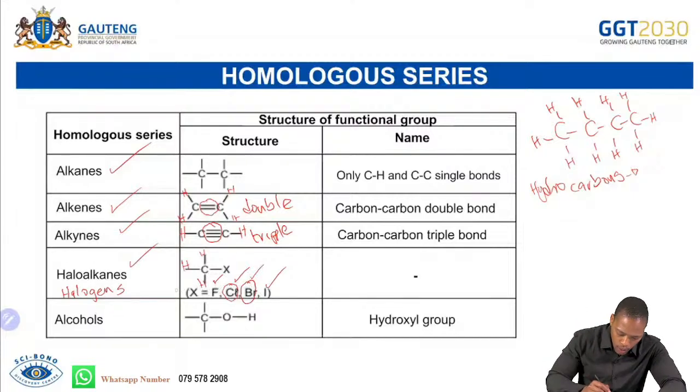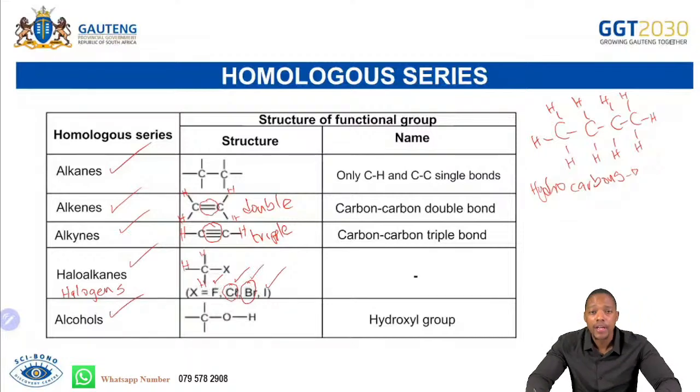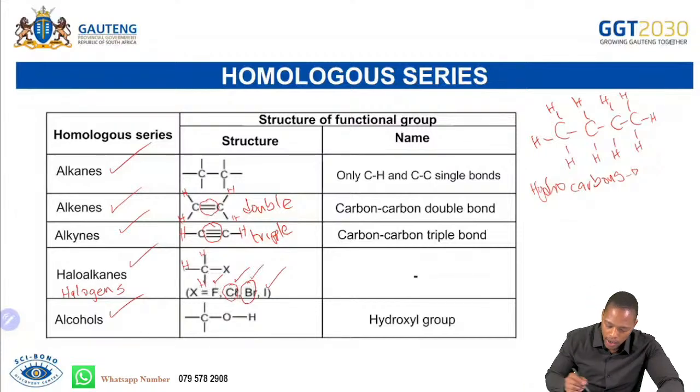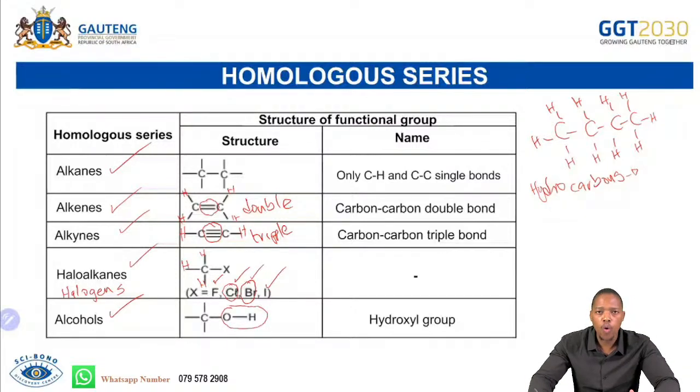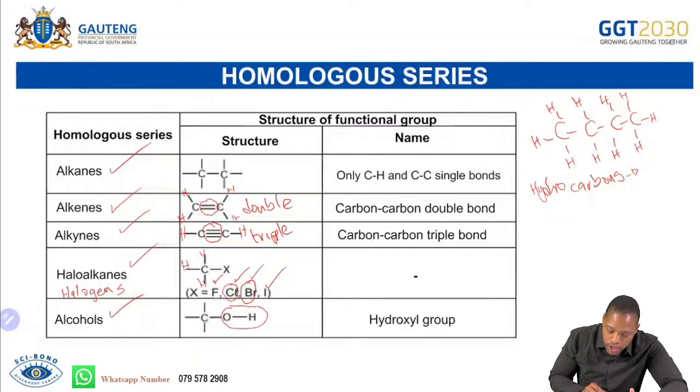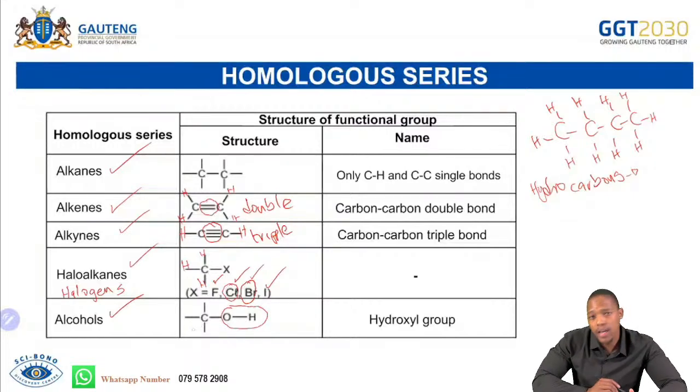Right. The next one is then alcohols. Alcohol is a homologous series in organic chemistry. What will I look for to be able to determine that this compound is an alcohol? I will simply look for OH, where I will have an oxygen bonded to a carbon with a single bond.